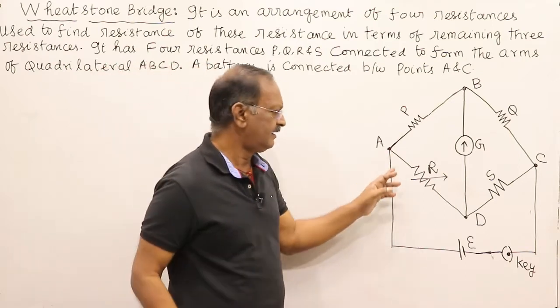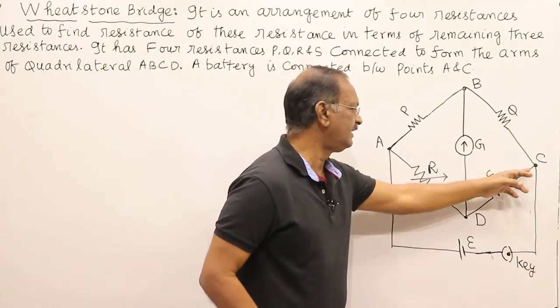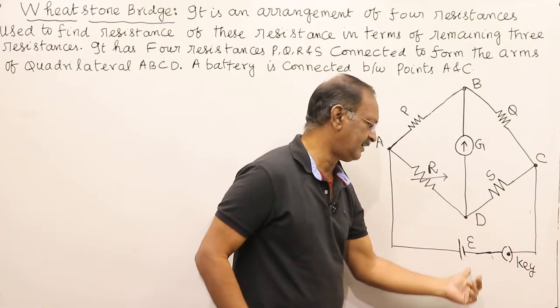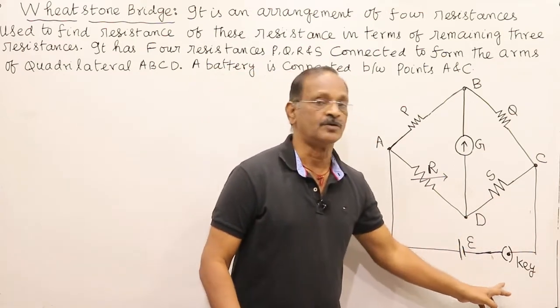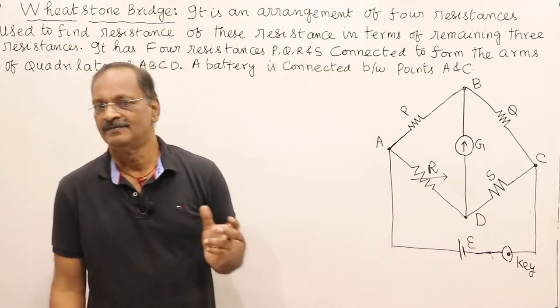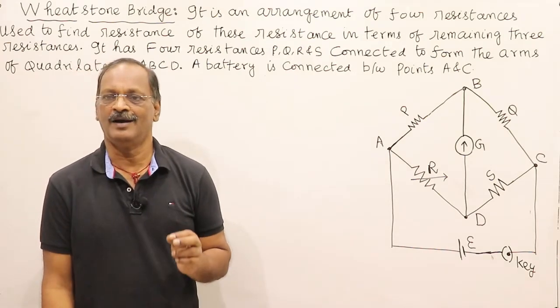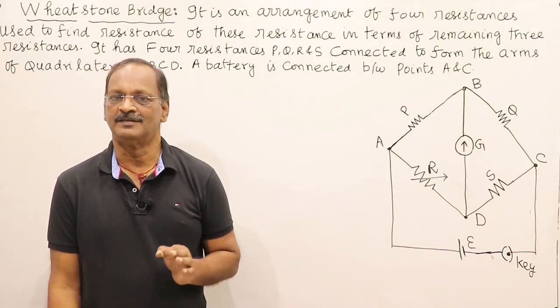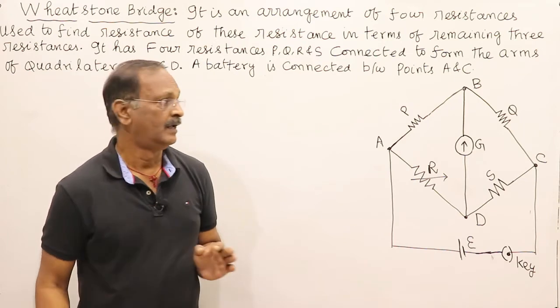So a battery is connected between the terminals A and C. These 2 points, a battery of EMF is connected through a key. R is a variable resistance and it is adjusted so that there is no deflection in the galvanometer.